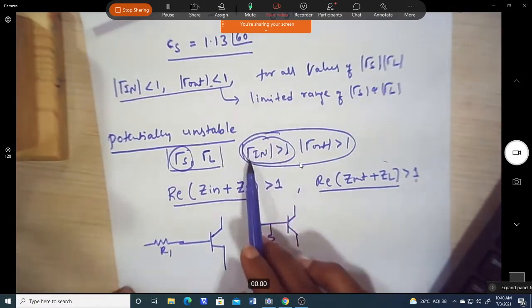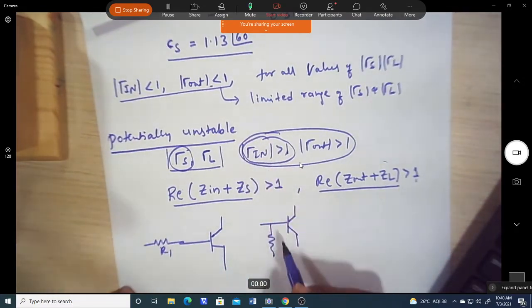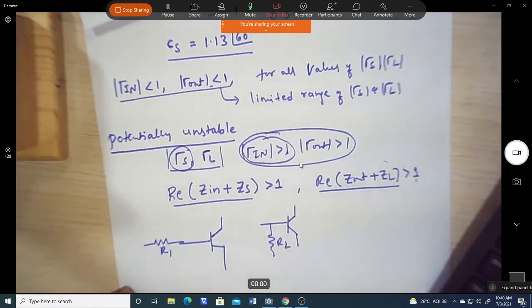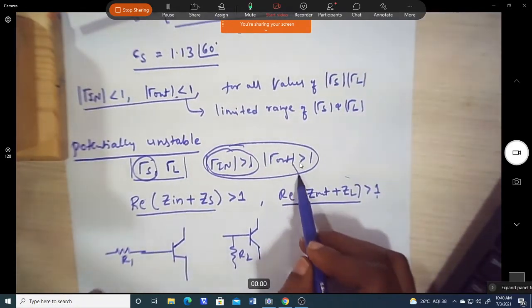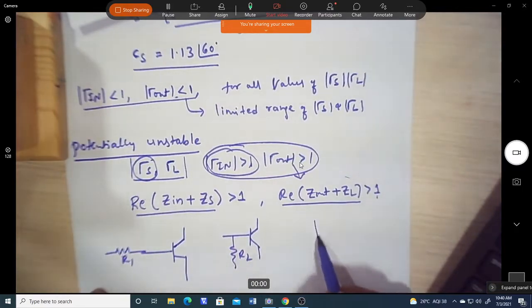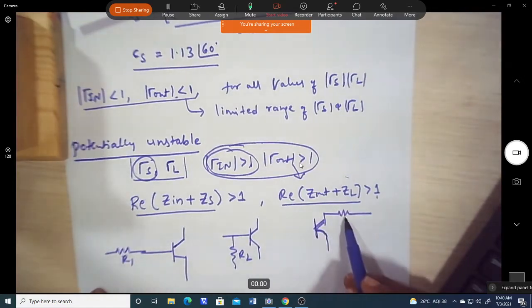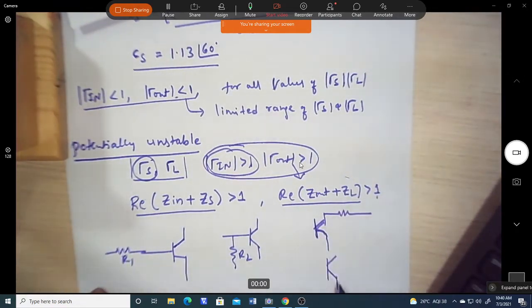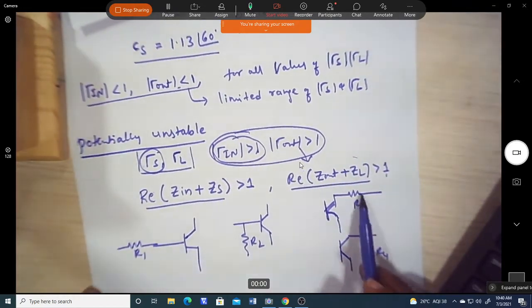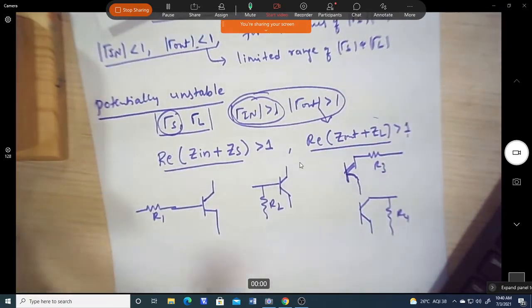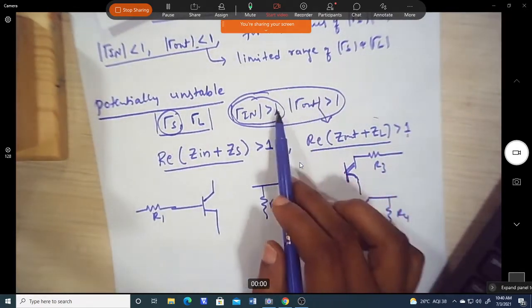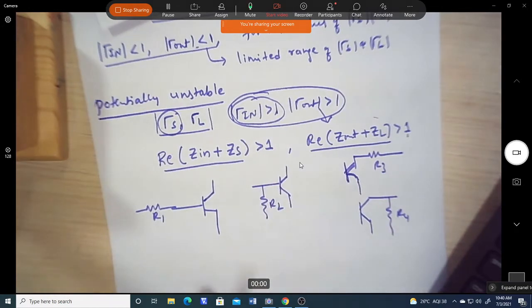In order to bring gamma s, or the input reflection coefficient, to less than 1, we add either a series resistance or a parallel resistance, that is a shunt resistor. Similarly, to bring gamma out to less than 1, at the output side we can add either a series or a shunt resistor. So we can add these resistors to bring the input and output reflection coefficients to less than 1 for the potentially unstable case, to make it unconditionally stable.